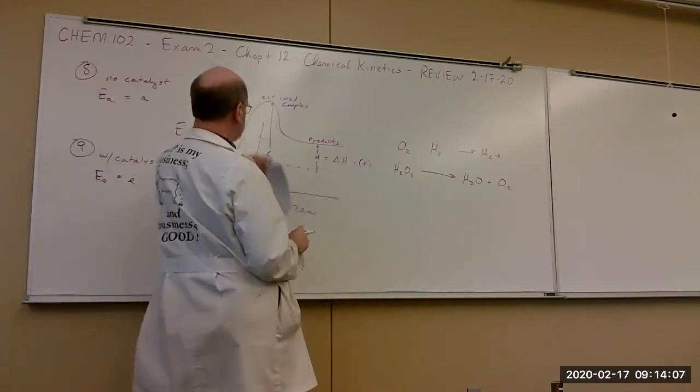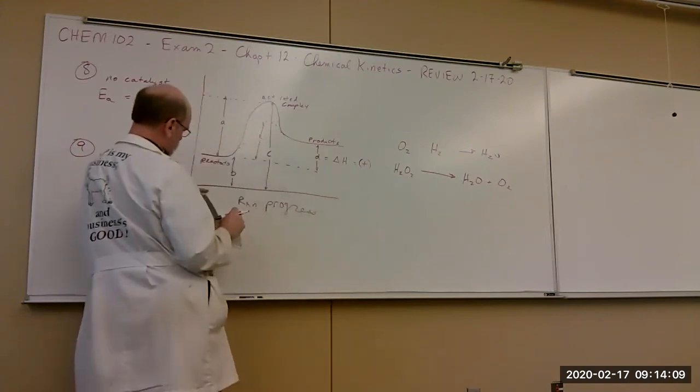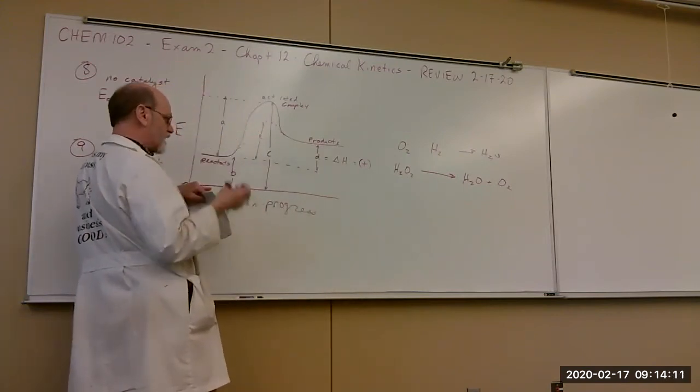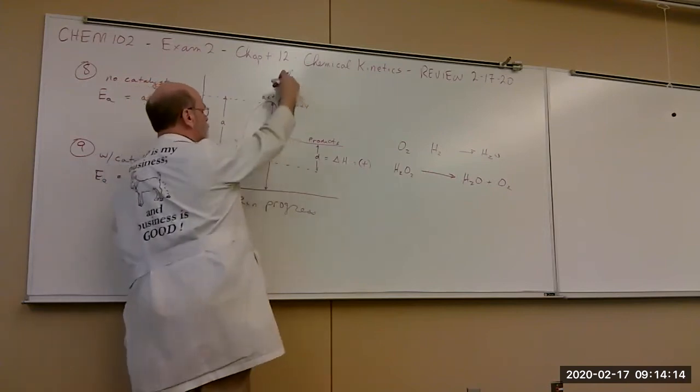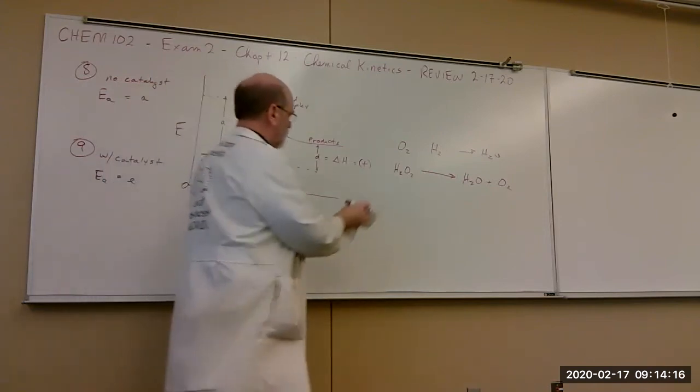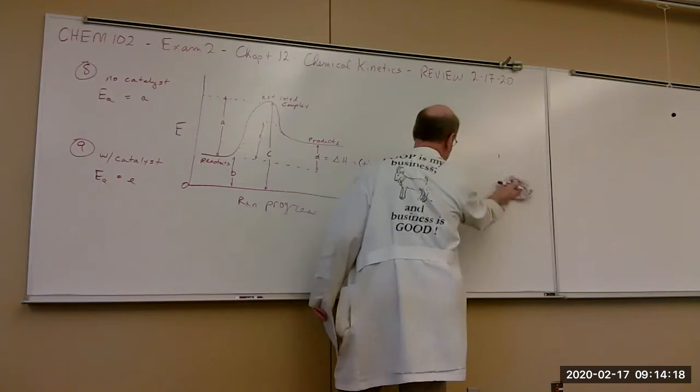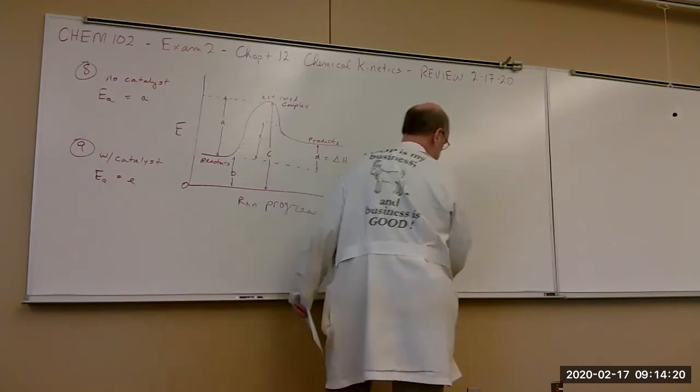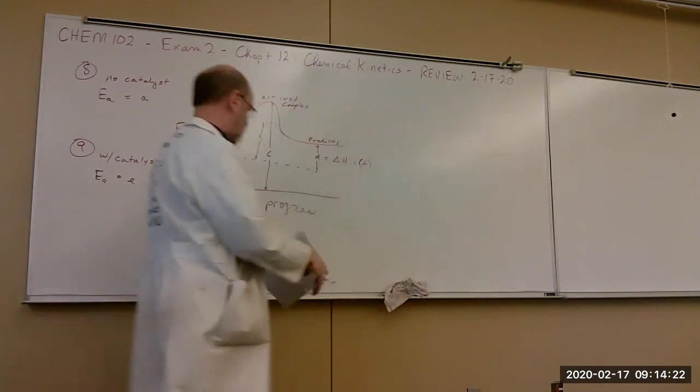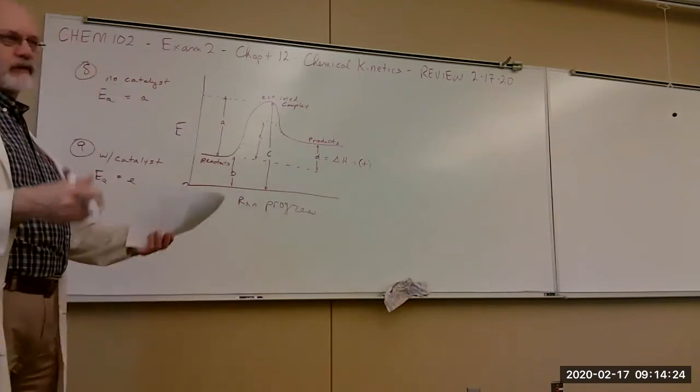Then C is just the difference from the standard state conditions up to the activated complex. In some specialized situations, that might be valuable for a chemist to know, but we don't need to know it.